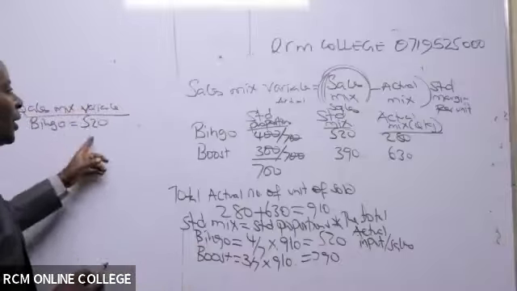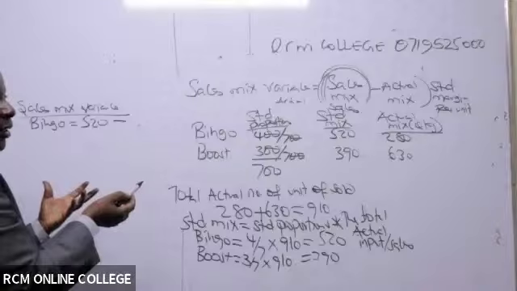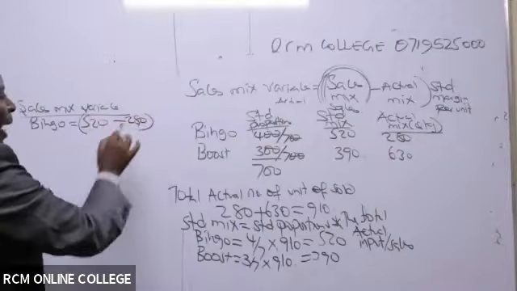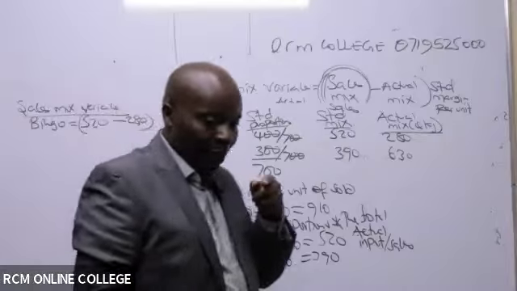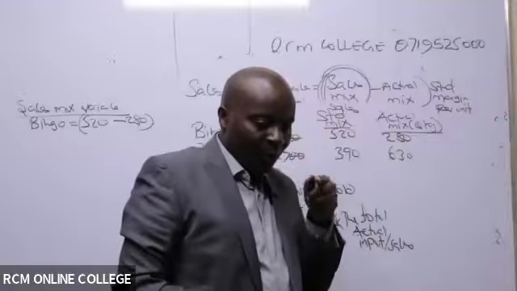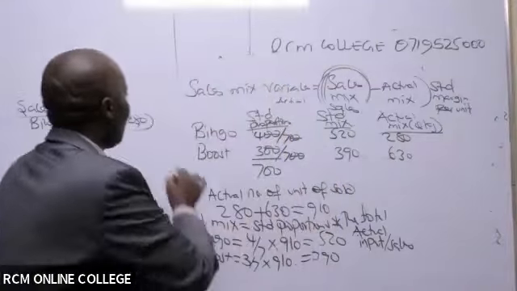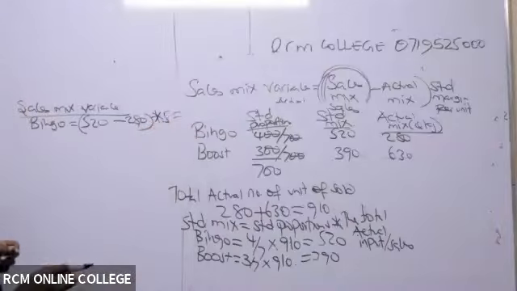So 520 minus the actual units that were sold, for bingo 280, multiplied by the standard profit per unit. Do you remember that figure? The standard profit was 5. So times 5 here. Are you able to give me this answer?